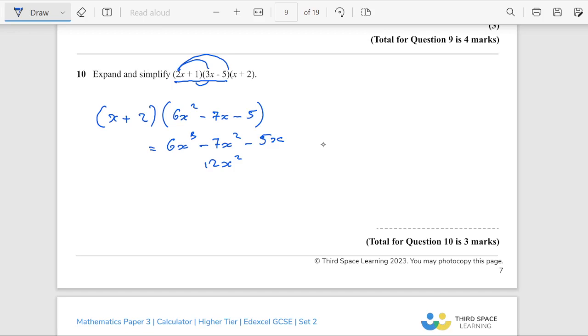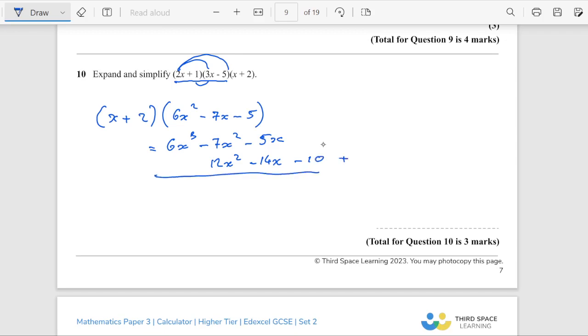I'm just slightly confusing myself here. So apologies. Let's do that again. 2 times 6x squared would give us 12x squared. 2 times minus 7x would give us minus 14x. And then 2 times minus 5 would give us minus 10. Then we're going to add the two things together.